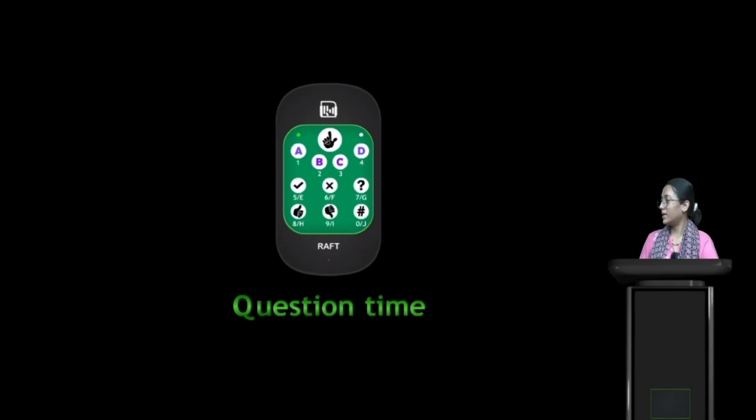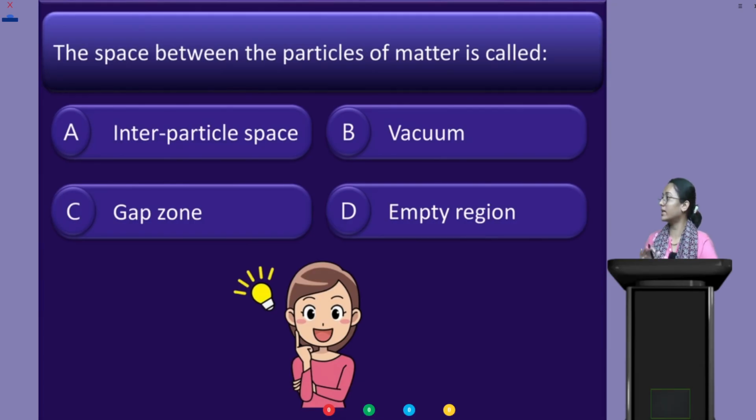Before that, let's see what our question is. Next question: the space between the particles of matter is called what? Option A, interparticle space. Option B, vacuum. Option C, gap zone. Or option D, empty region. So I am giving you the timer.